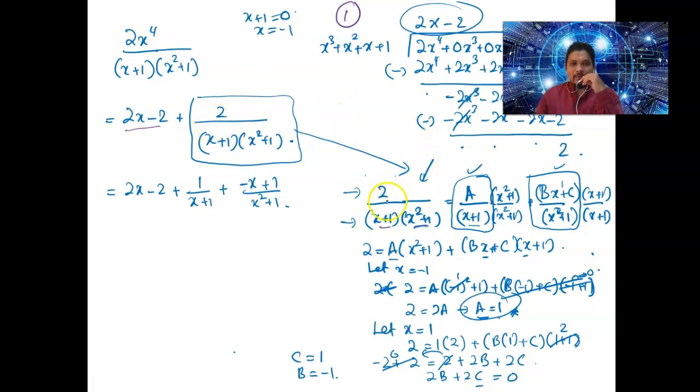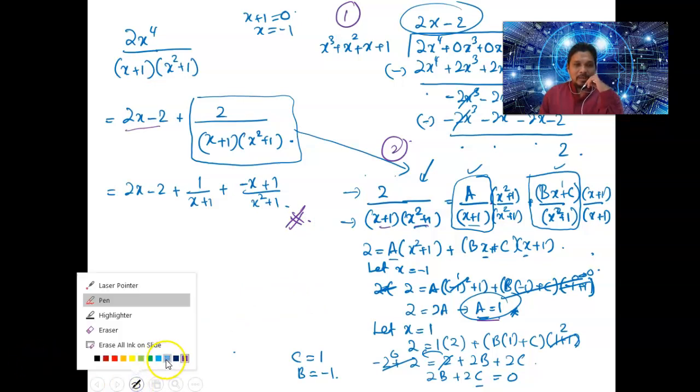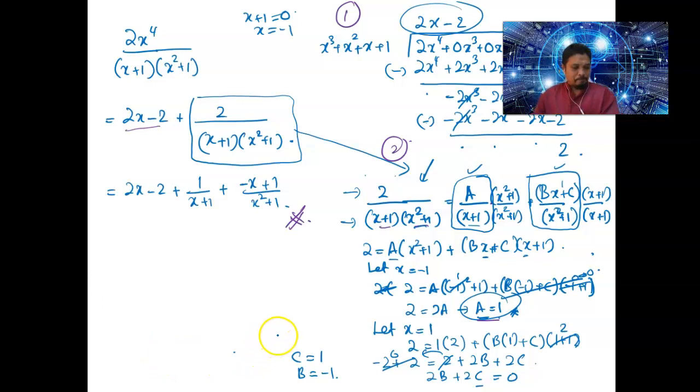Then next is to form this into a proper partial fraction, and then find out the values of A, B and C and substitute A, B and C here, and this is the proper fraction for the question here.